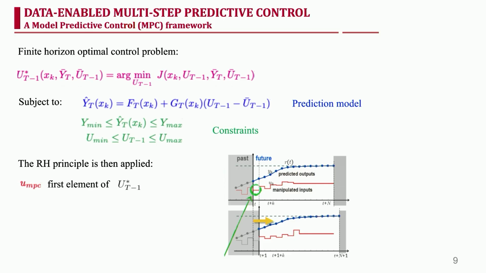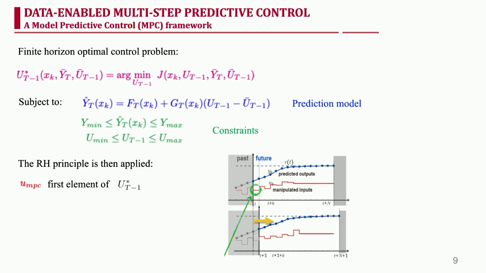Not too many formulas today, but some I have to show you. So we have to solve a finite horizon optimal control problem that we have here at the top. We want to minimize some cost function that is related to the objective of achieving one packet of sugar in the bloodstream.